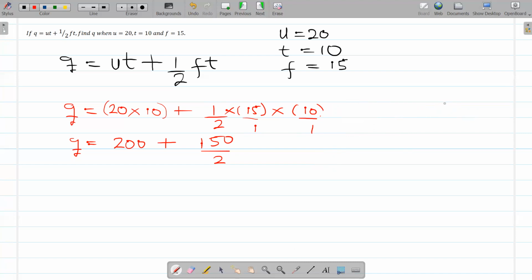Yeah, 15. Okay, so watch here. When I write the number 10 or any number, 20, it is always divided by 1. So any number standing alone is divided by 1. Is that okay? Yes. That's why I brought the 1 here.